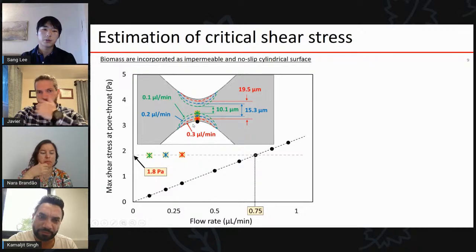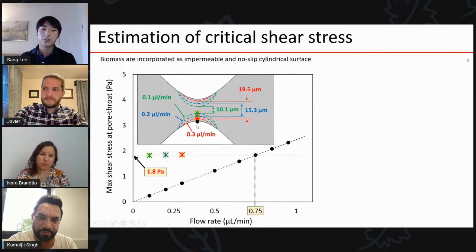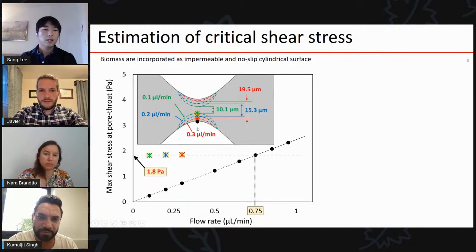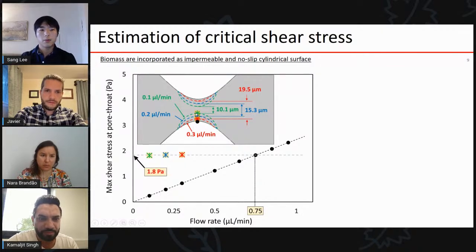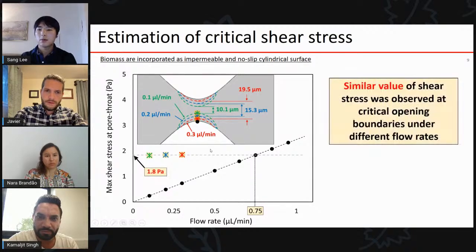The shear stress was observed at the peak or the narrowest point of the throat, and they are designated as stars for the biomass covered surface, and black circles for clean throat surface. And surprisingly, at the different flow rates we tested, the maximum shear stress value converged to a single value of 1.8 Pascal, which we suspect is the critical shear stress value.